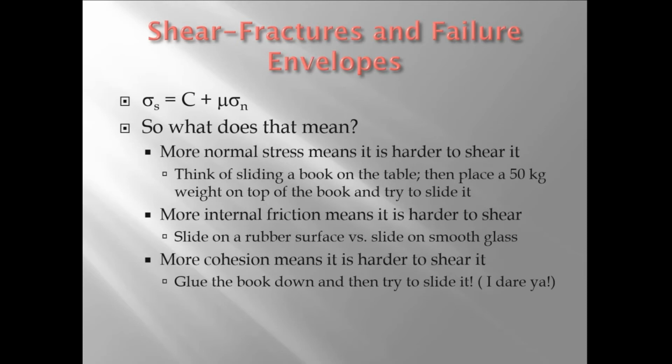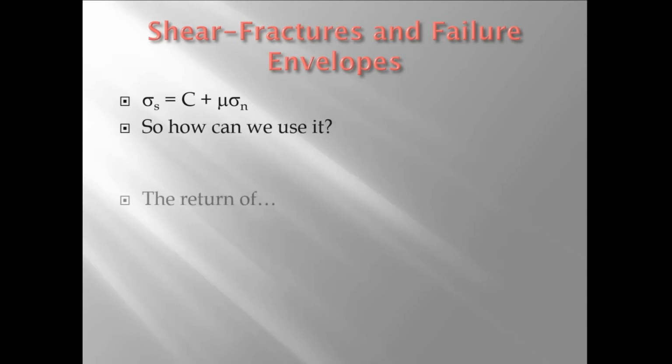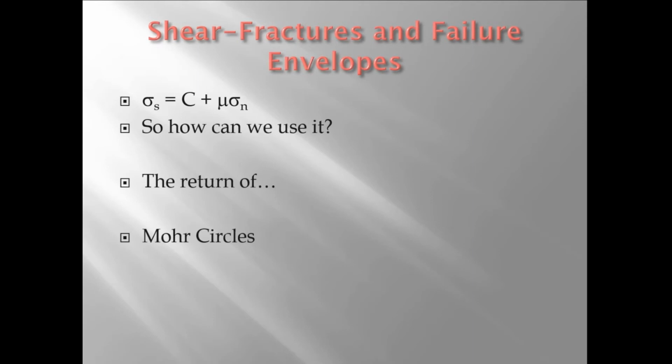It's not going to slide very well. So the higher the rock's internal cohesion, the higher the rock's internal friction, and the more normal stress there is, the harder it is to shear. And this is where we can use more circles. Yay!